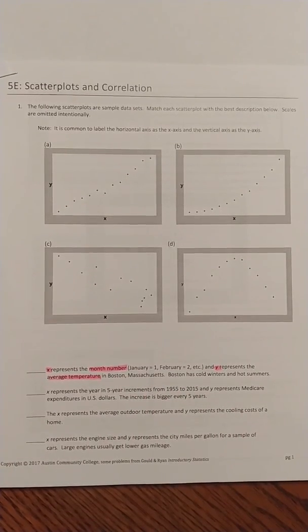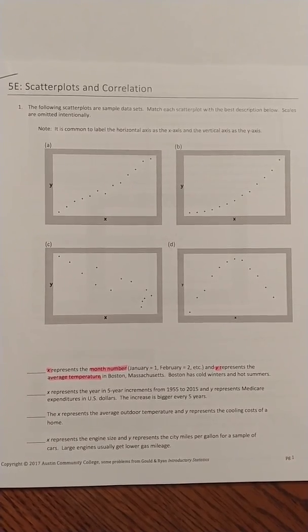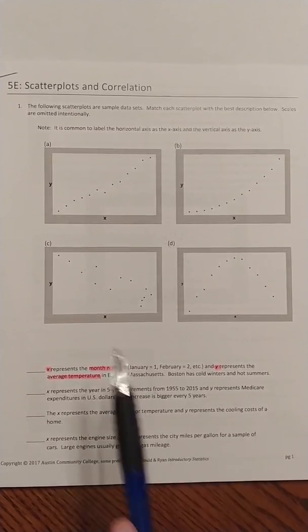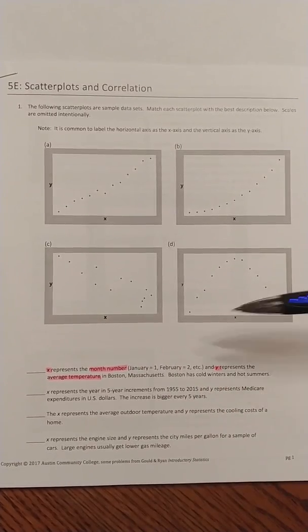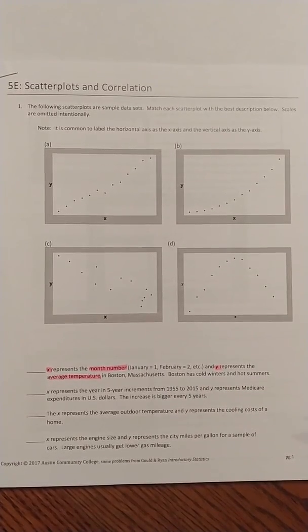Boston has cold winters and hot summers. So the x is the month, and the y, which is the height, is the average temperature. When we start off, x is 1, x is 2, x is 3, all the way to 12 for the 12 months.